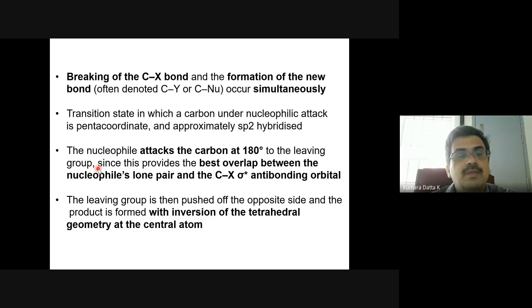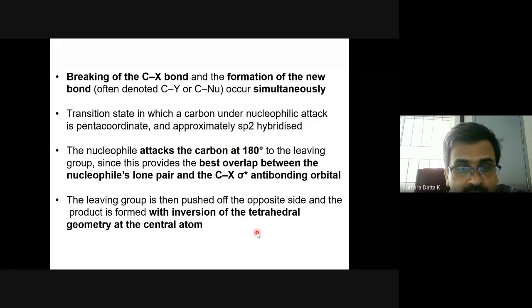So all the time look for 180, because it is the best overlap between the lone pair of the nucleophile and the sigma anti-bonding orbital of the C-leaving group bond. Let us not go so much into these details, since we do not have molecular orbital theory exclusively, but what you can understand is that for the best overlap, the nucleophile should attack at 180 degrees.